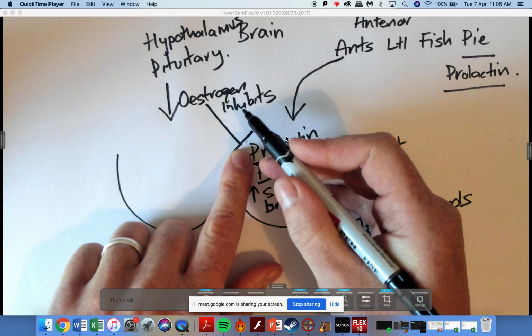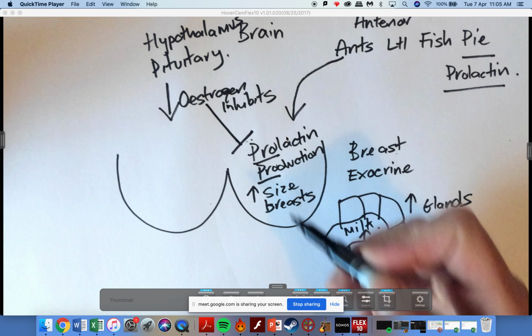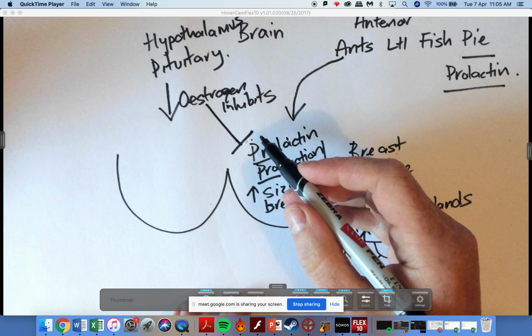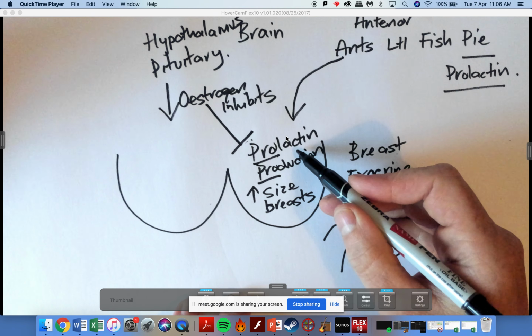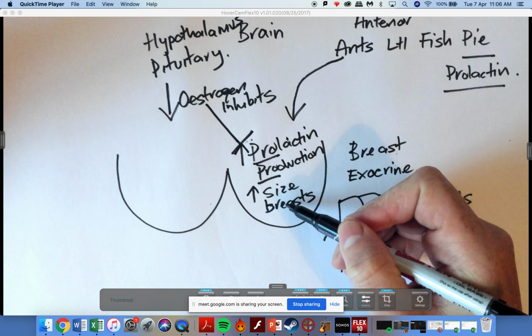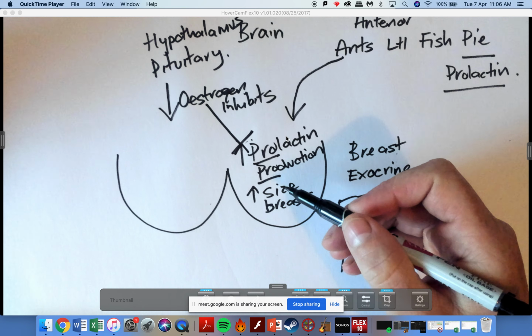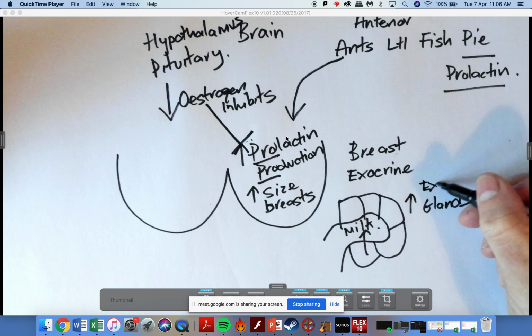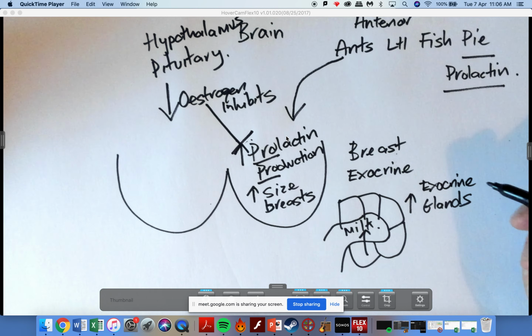And so if we reduce estrogen, it's no longer going to inhibit prolactin. So when estrogen falls, we get more prolactin. Increased prolactin would lead to increased growth of the breast and increased size of the exocrine glands. And so we can have more production.